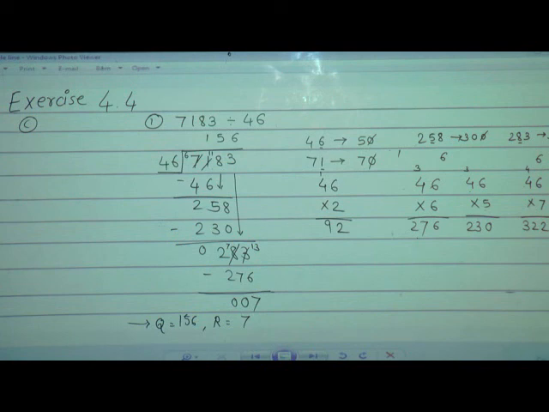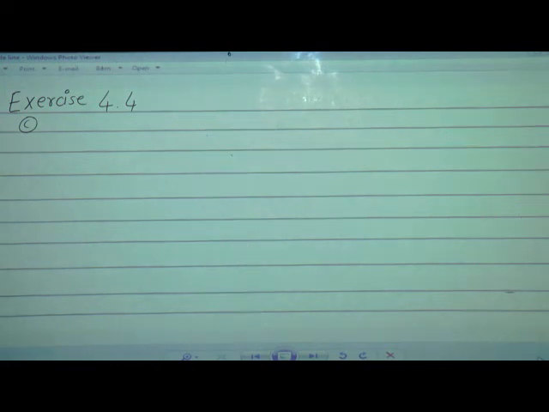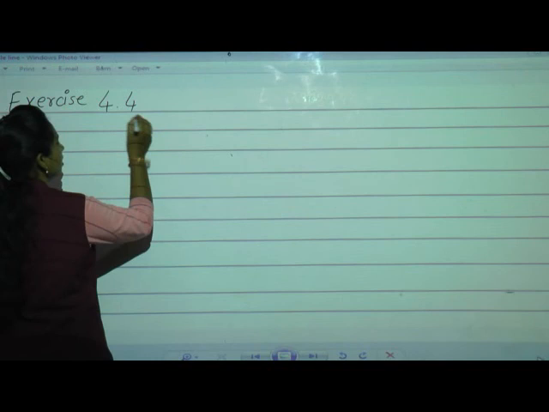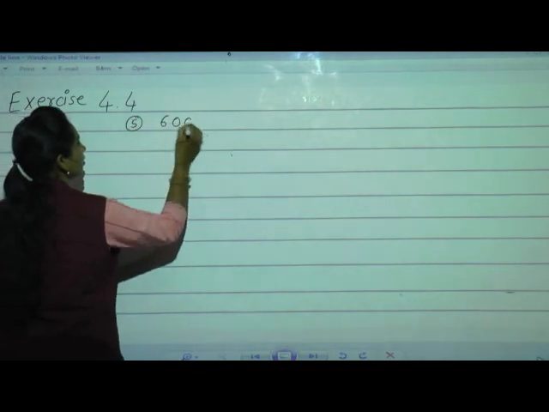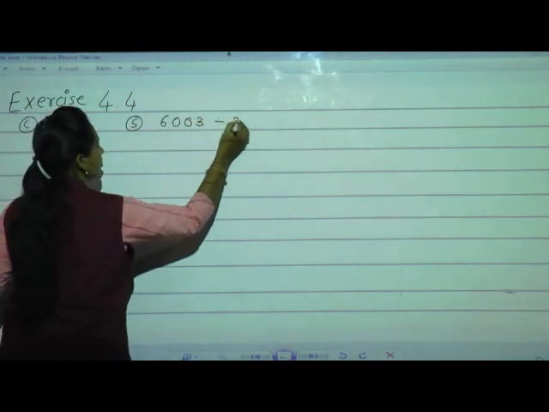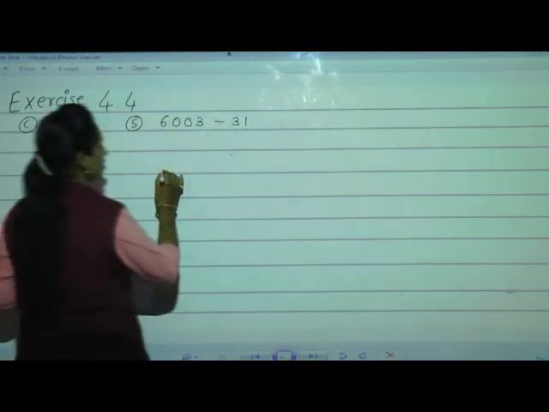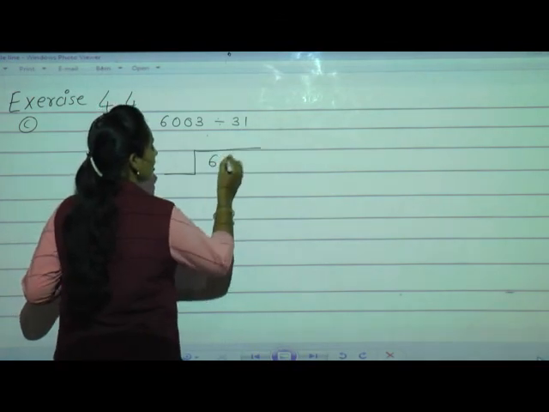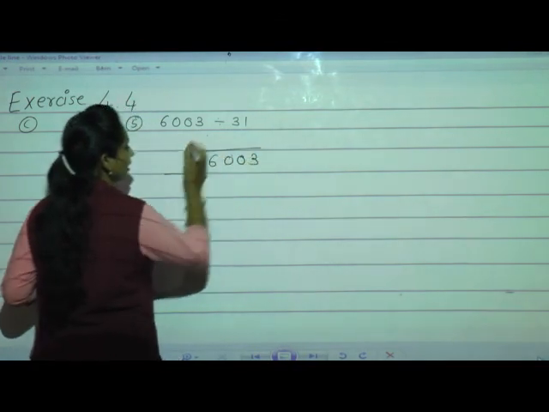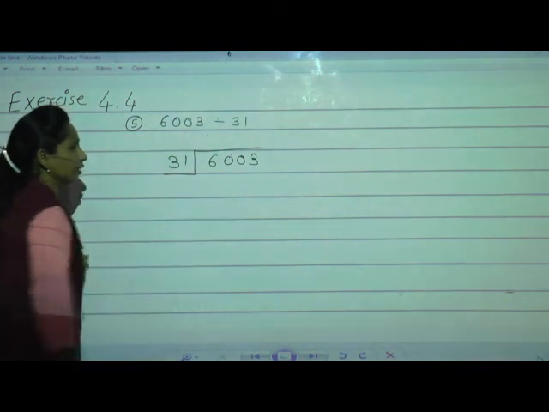Now we will solve the fifth one. What is the fifth one? 6003 divided by 31, isn't it? Now we will see. We will write this number, 6003, 31 divisor. Okay.